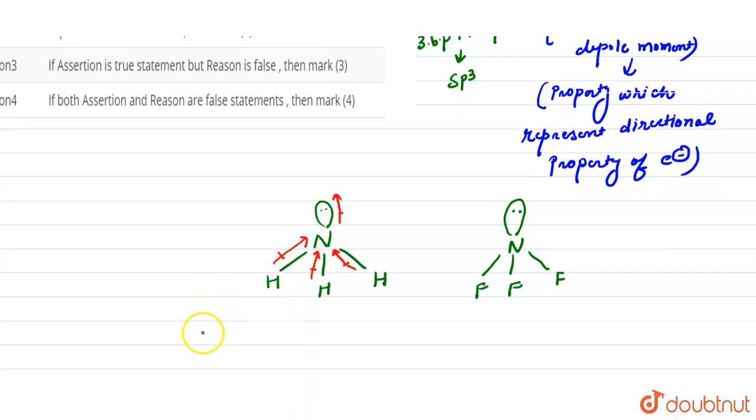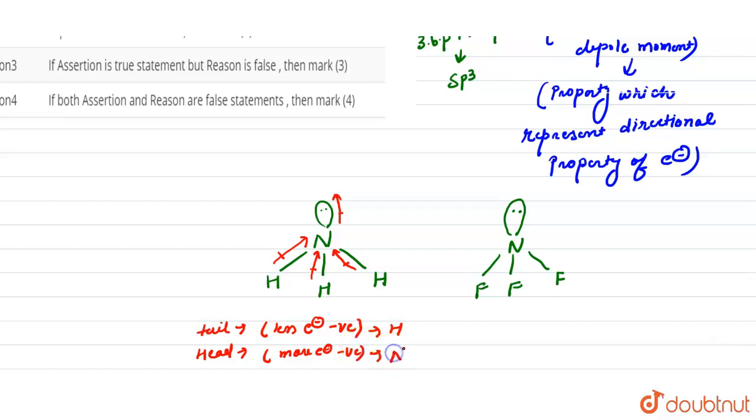The tail is towards the less electronegative atom, hydrogen, and the head is towards the more electronegative atom, nitrogen.